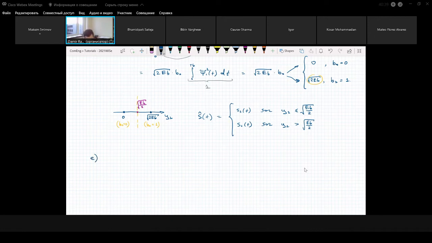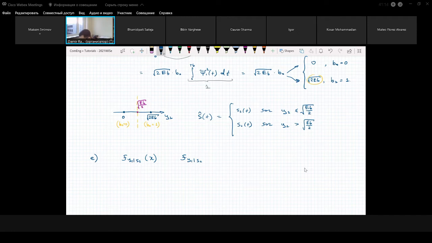Then we go to part E. We need to sketch the conditional probability density function. So we have the conditional probability density function of y1 given that we transmit signal S1 of t, and also another conditional probability density function of y1.